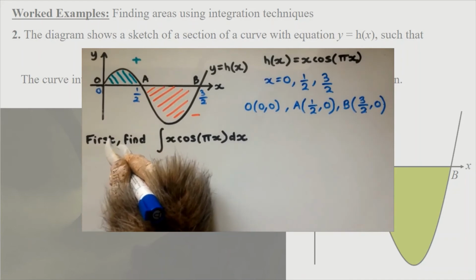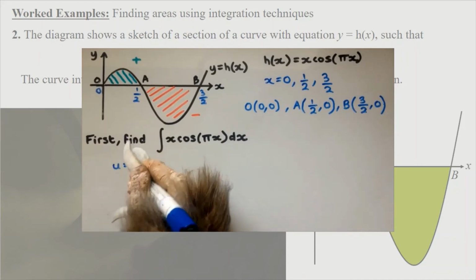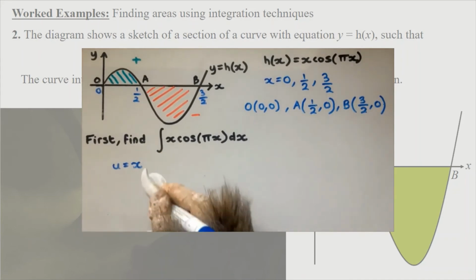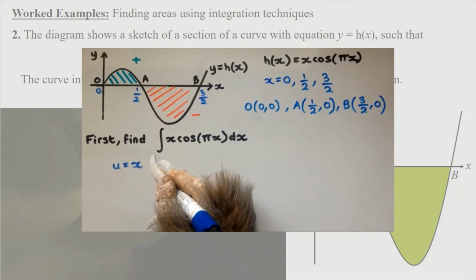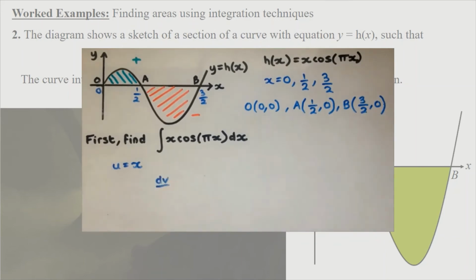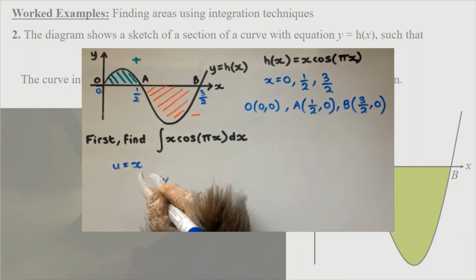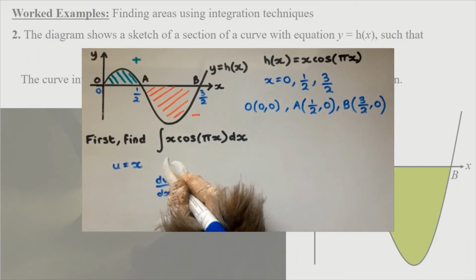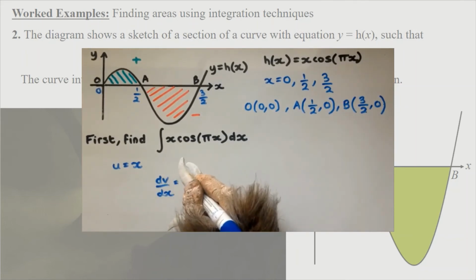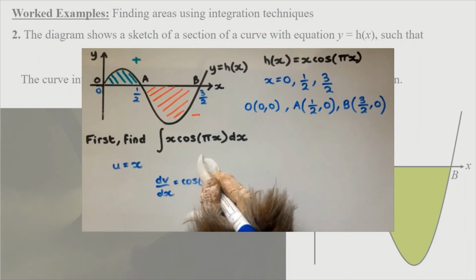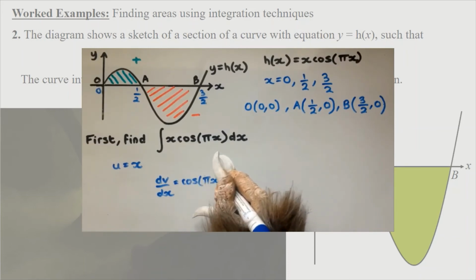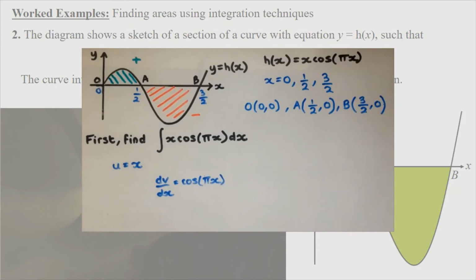U equals x, and dv by dx, which is the second term in the integrand, equals cos of pi x. And remember, of course, you choose your u to be the power of x unless there is a natural log in your integrand.